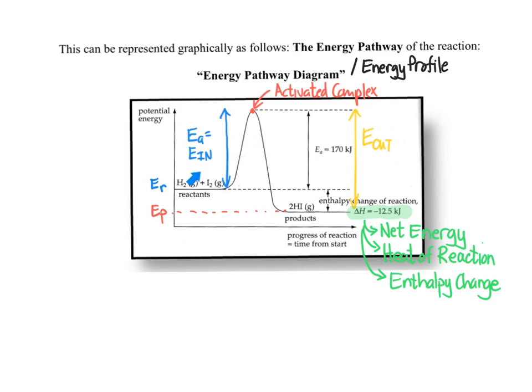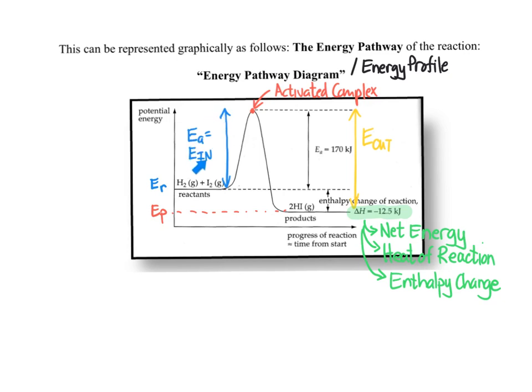We start off with the reactants, and on the vertical axis, the value at this point would be the energy of the reactants, which we represent as ER, R for reactants. The height of the energy hill we refer to as EA.